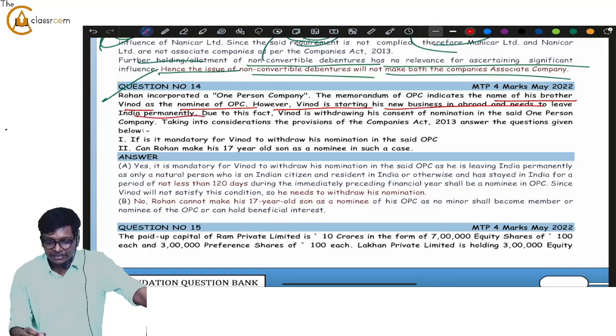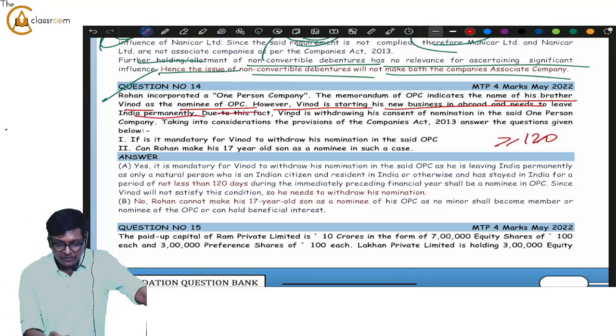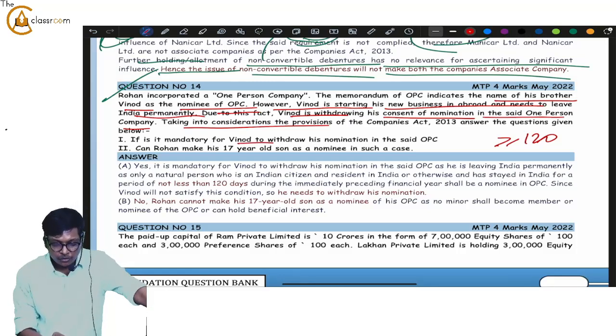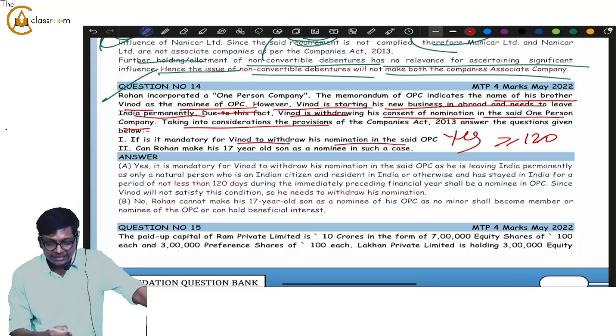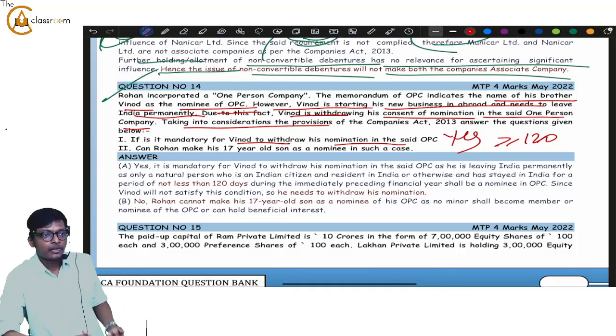Simple. A one-person company member should stay in India for how many days minimum? 120 days or more. Due to this, Vinod is withdrawing his consent of nomination, taking into account the provisions of the Companies Act. Is it mandatory for Vinod to withdraw his nomination? Yes, because he is not able to stay in India for 120 days or more in the previous year.